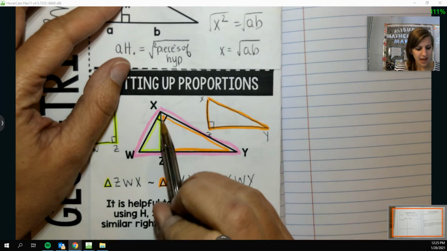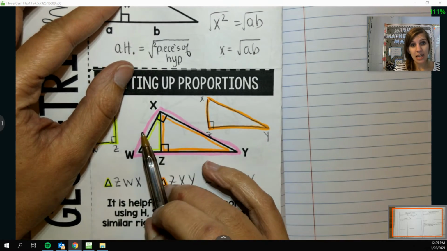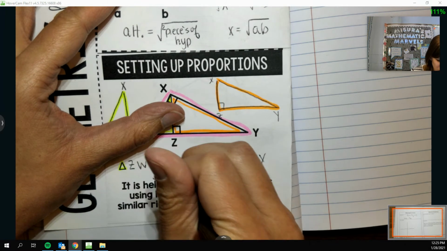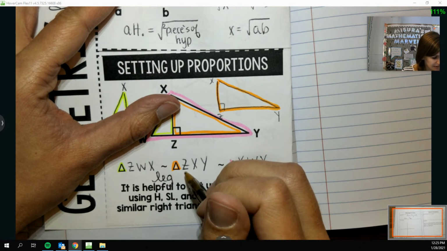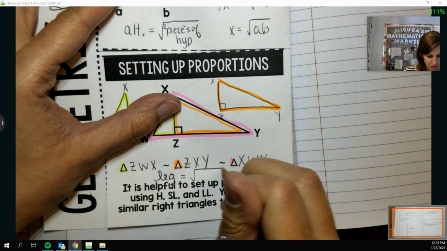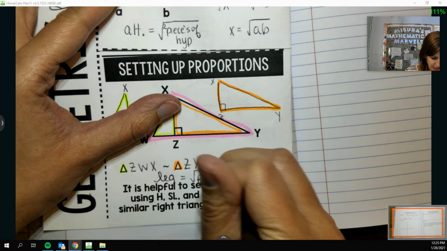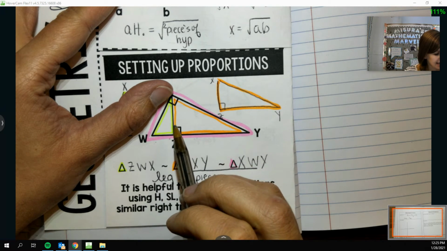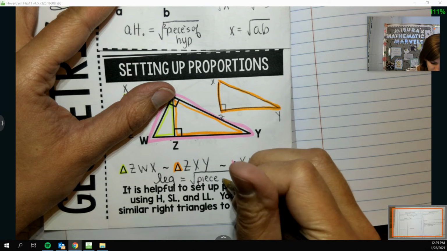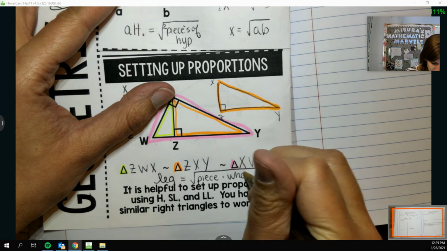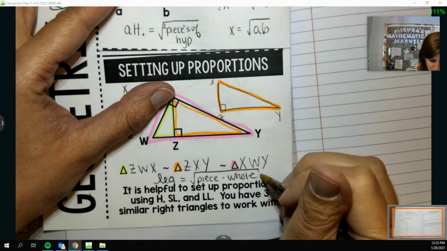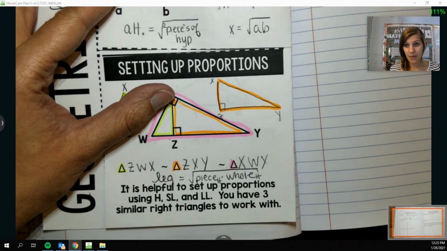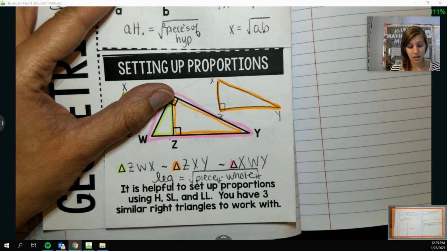So if the altitude's not labeled, and instead one of the legs of the big triangle is, the other geometric mean formula that you get is leg equals the square root of the piece of the hypotenuse and then the whole hypotenuse. So piece of the hypotenuse times whole hypotenuse. And I'll put h behind each of those so we remember. So piece of the hypotenuse, whole hypotenuse.